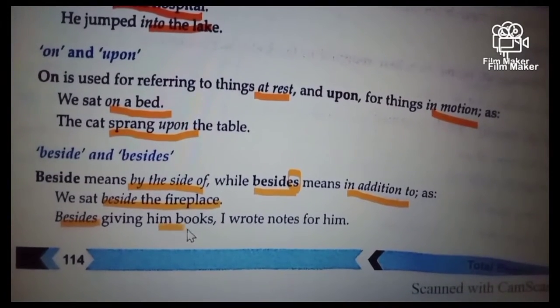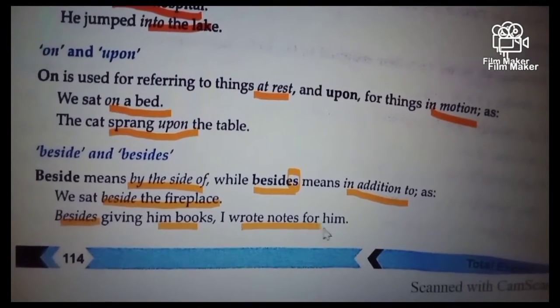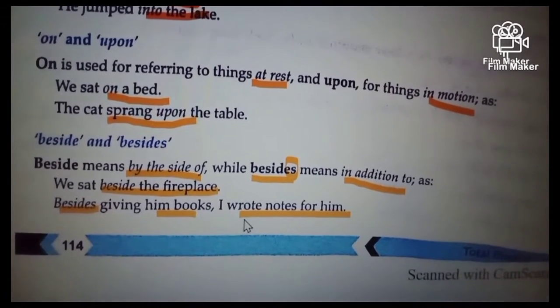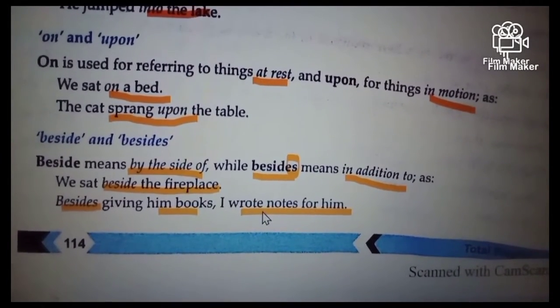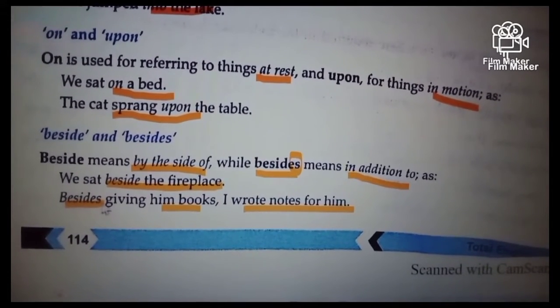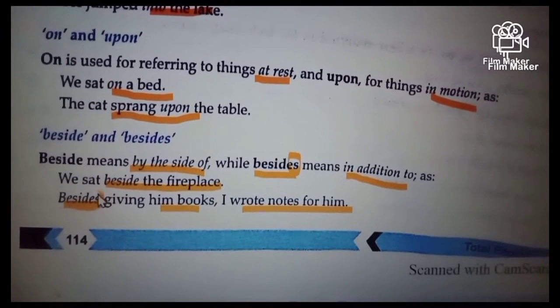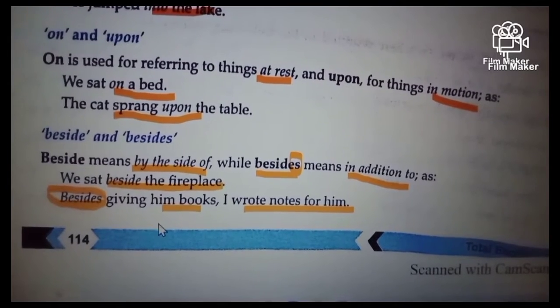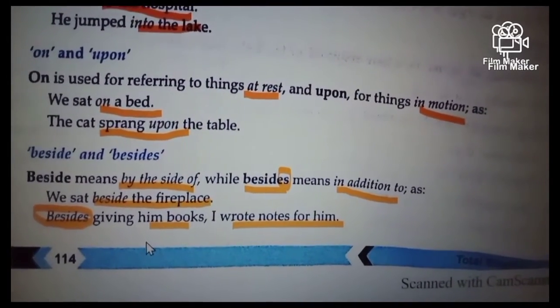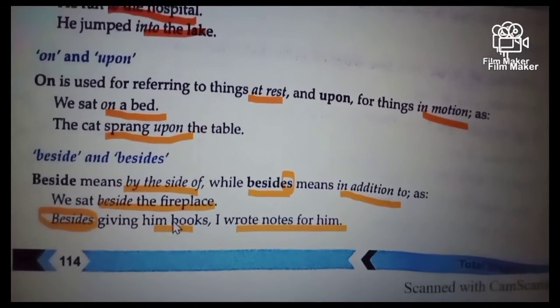Besides giving him books, I wrote notes for him. So I have not only given him the books, but also written some notes for him. So he has done two things. In order to add something, we have used besides here. So that is a slight difference between beside and besides. We need to be careful while using both of them.